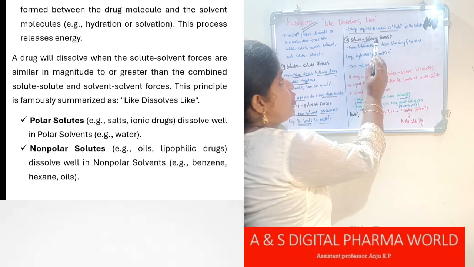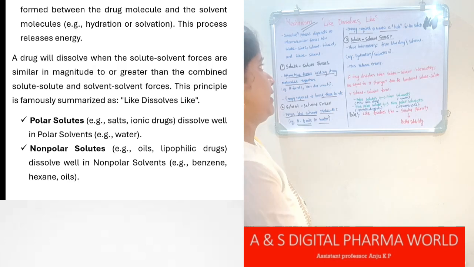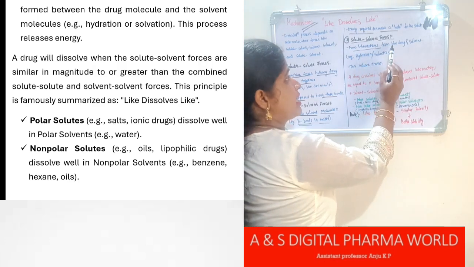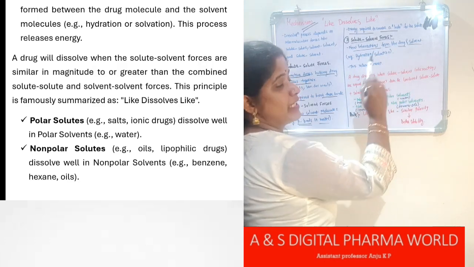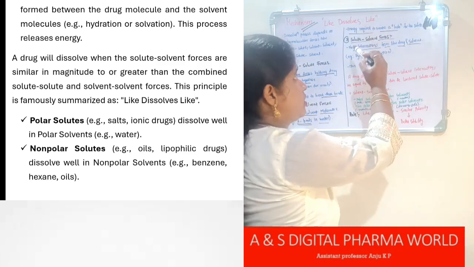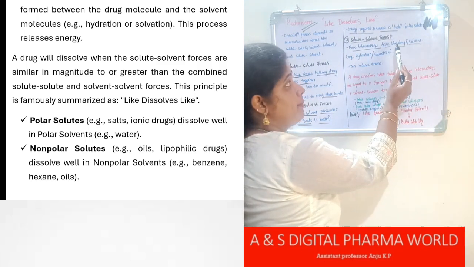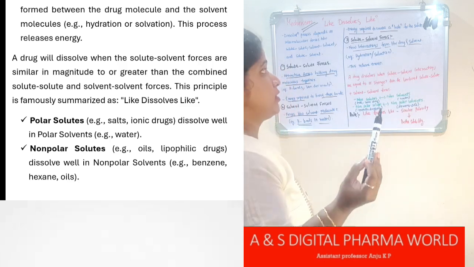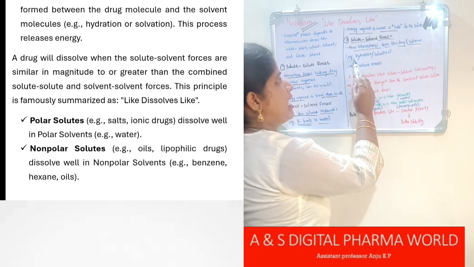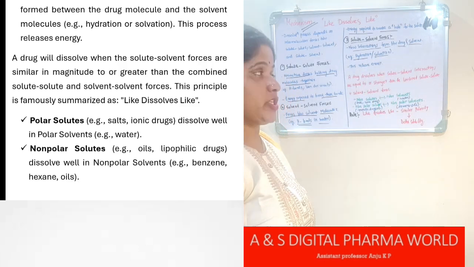The next one is solute solvent forces. Here it's a new interaction formed between the drug and solvent. So it may be either hydration or solvation.